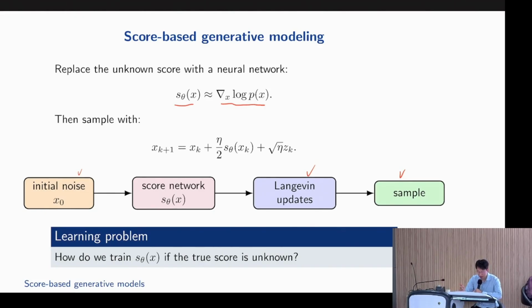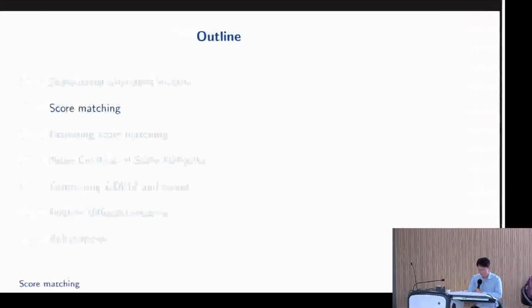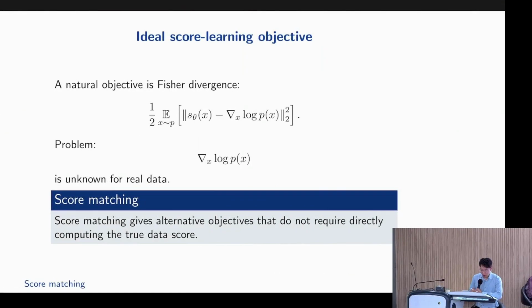So the problem is, how do we train this score network so that it can estimate this true score? So the natural objective is what's called Fisher divergence. You sample x and pass it through the score network and minimize the MSE with respect to the true score, except that we don't know what the true score is. But that's the ultimate goal of score matching.